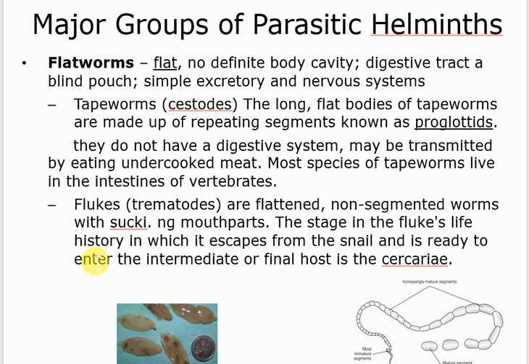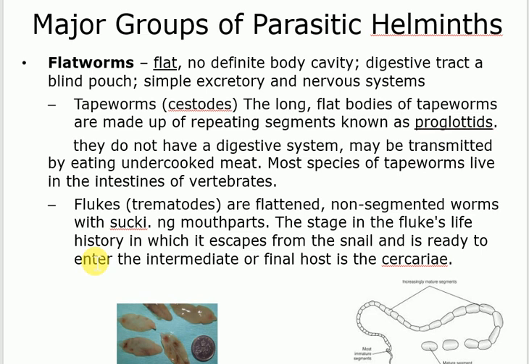Flukes, which are the trematodes, so this is the first one, okay? This, the tapeworm or the cestode. The second form, which is this, are flukes or trematodes. They are also flat but not segmented.